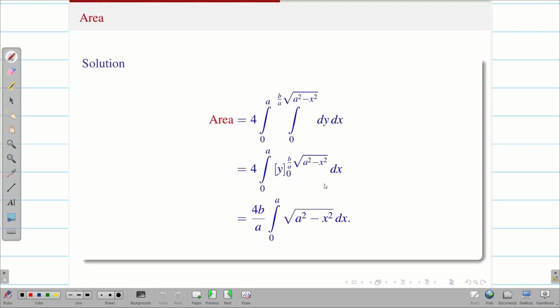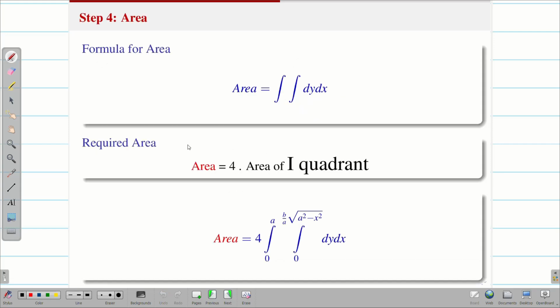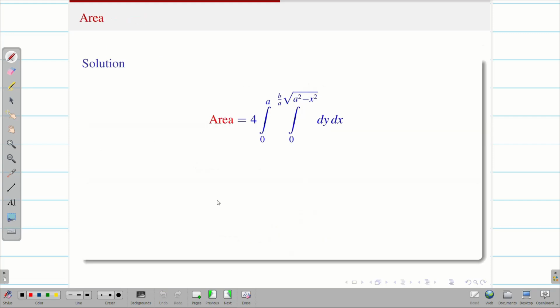Now as usual, we have to integrate this, student. It is just ditto of the previous problem. Now 4 times integral 0 to a.